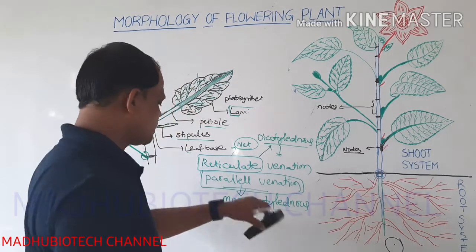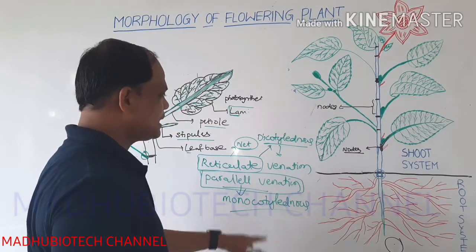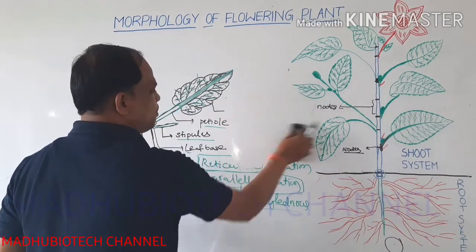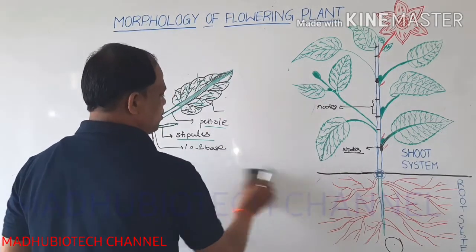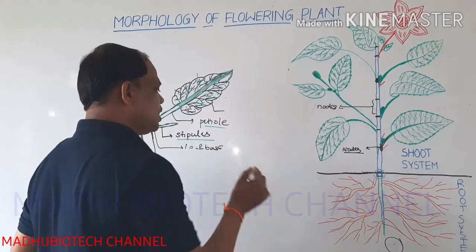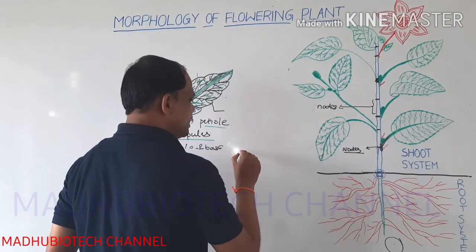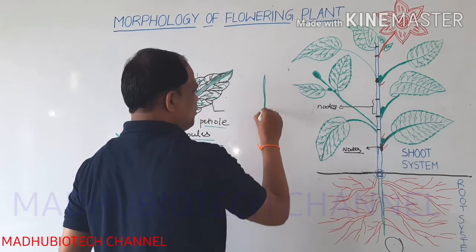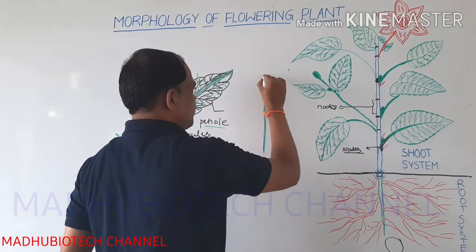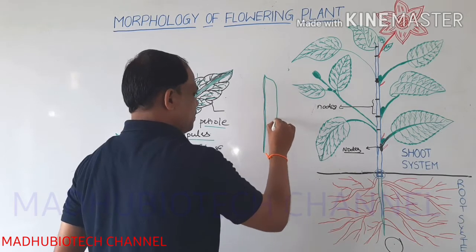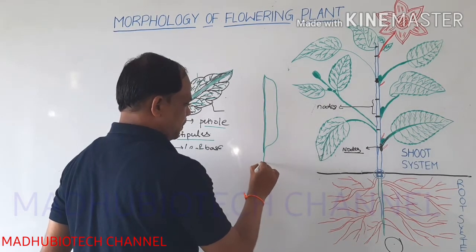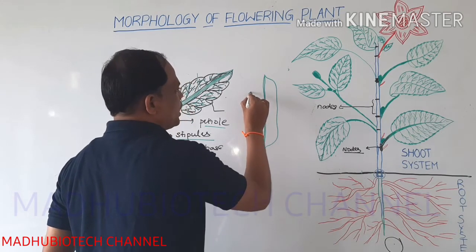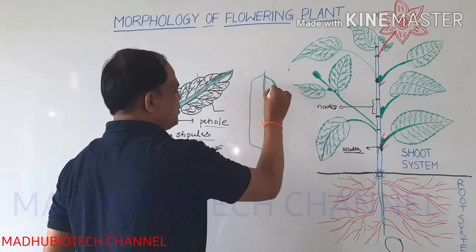For example, Musa paradisica, the banana leaf, which all of you have seen. So this is the banana leaf.